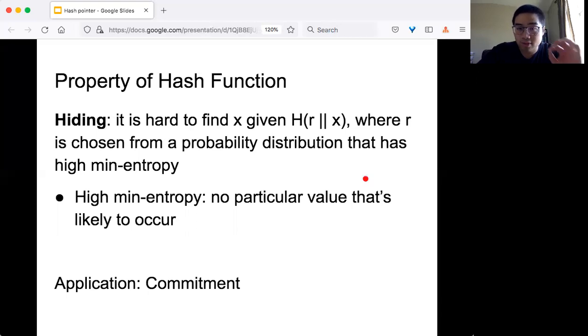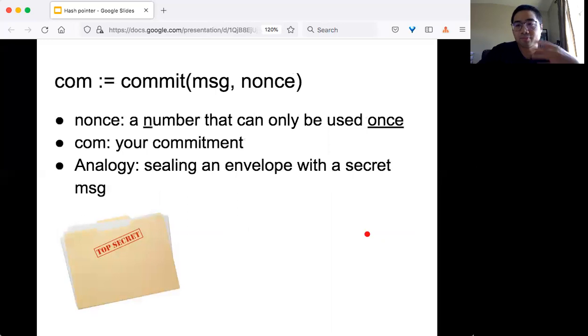And the application is commitment. So now let's look at that formally in the digital way. How do we achieve commitment? The idea is that I'm going to commit a secret message, msg, together with this r, which is a nonce, a number that can only be used once.